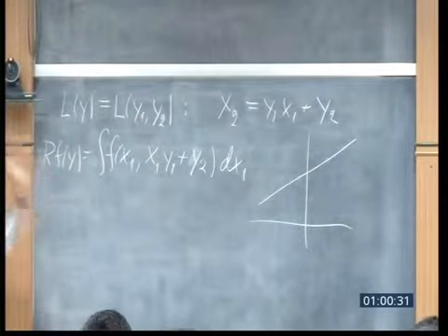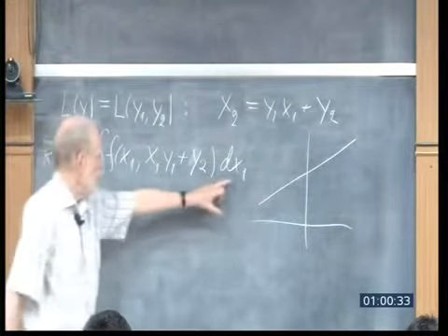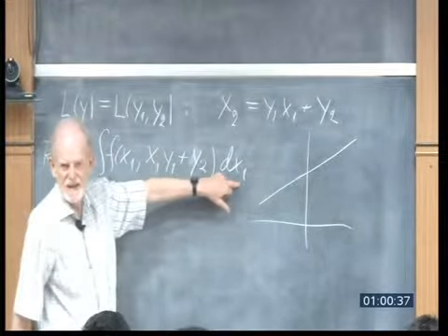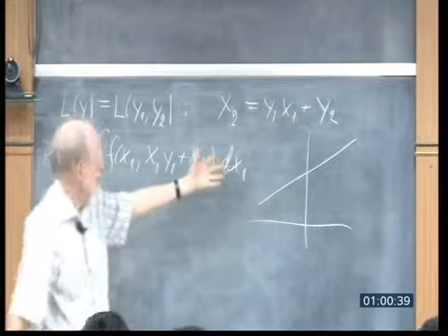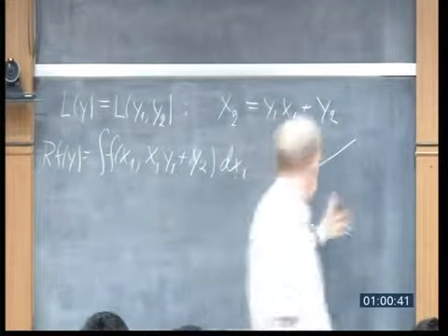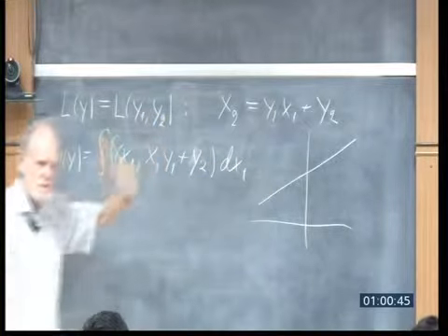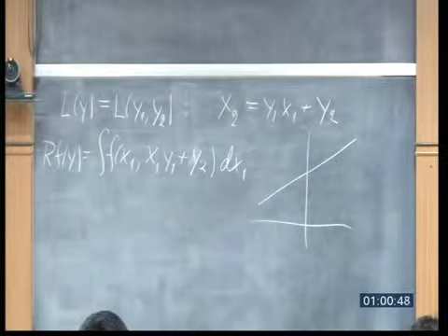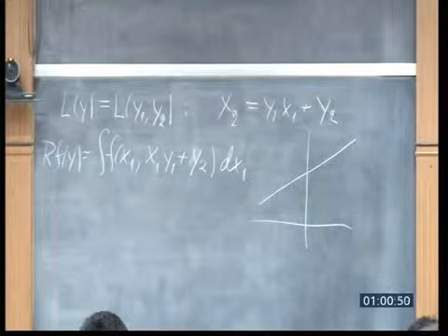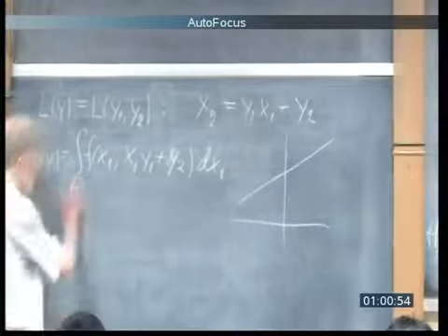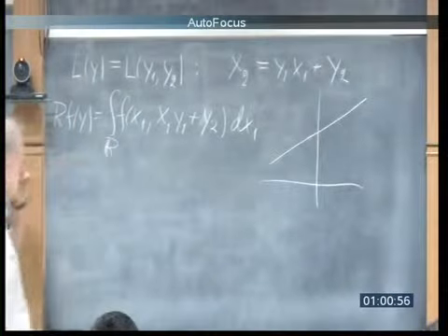Now, there's a slight difference. This is not the arc-length measure, but if I chose the arc-length measure, here it would just be a factor depending on y1, the square root of something. It wouldn't have any effect on the problem we study. So this is my transform now.